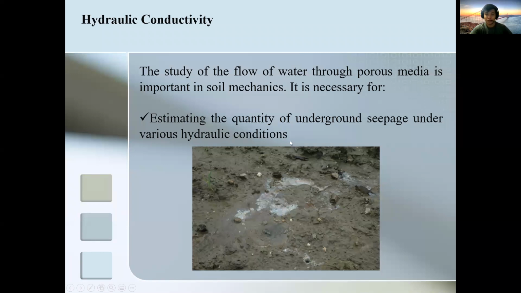For example, when I was still working at a construction site, our problem was flooding when we were excavating for the basement of a hotel. We kept getting flooded because the water table is near the ground surface. Just a few meters below the natural grade line, the site already flooded.